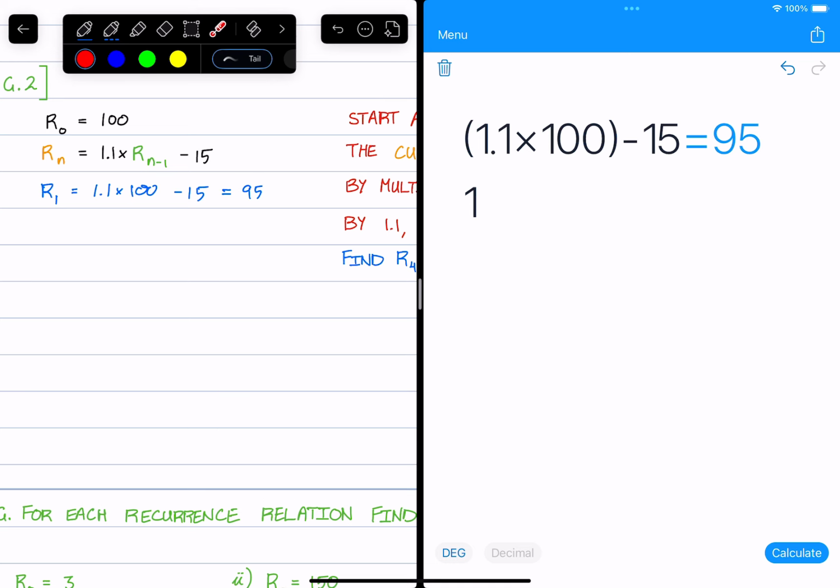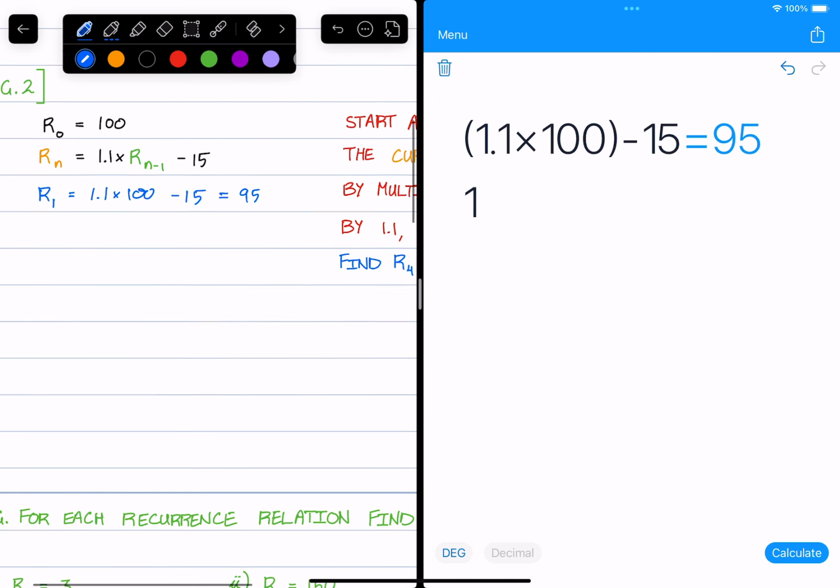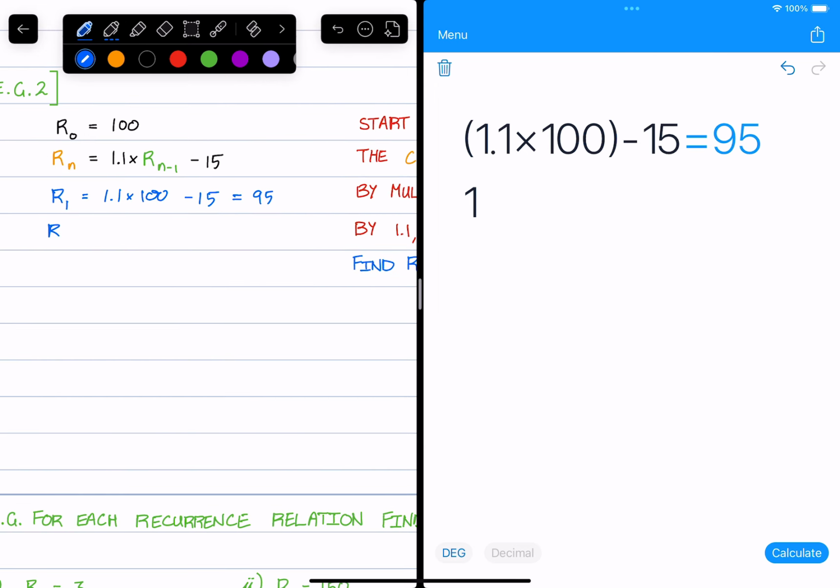So that is R1. We want to go as high as R4. So let's go again. R2 is 1.1 times the result of the previous number, which goes back into the exact same formula. So the 100 can be replaced with 95. 1.1 times 95 minus 15 gives us 89.5.